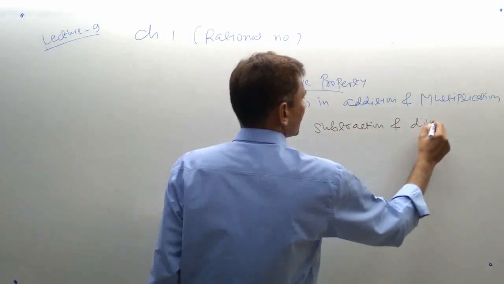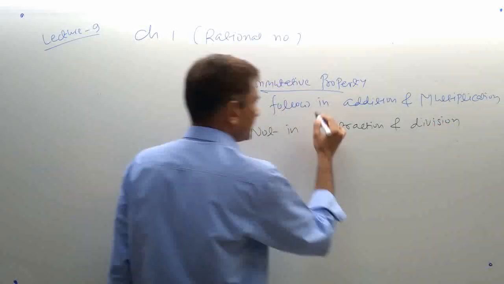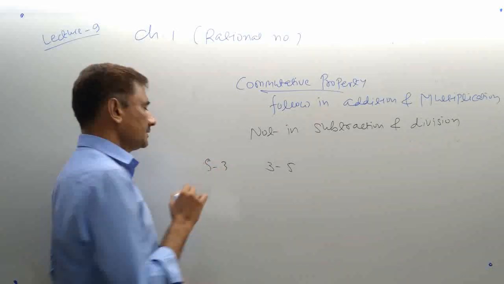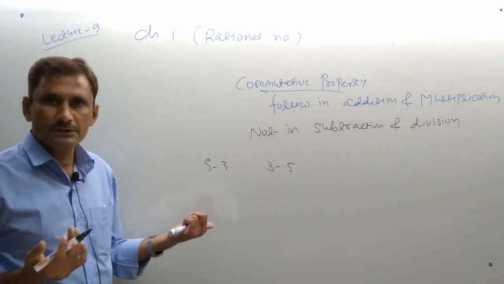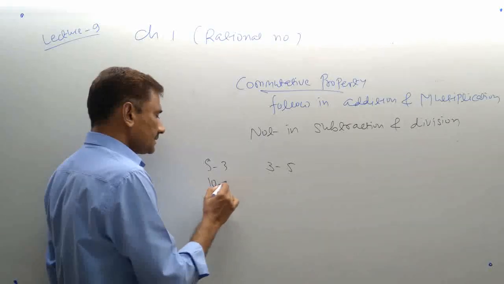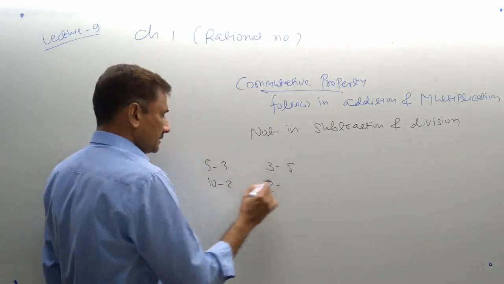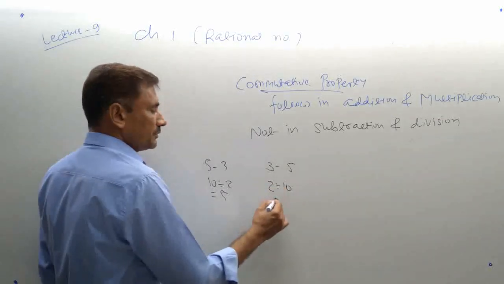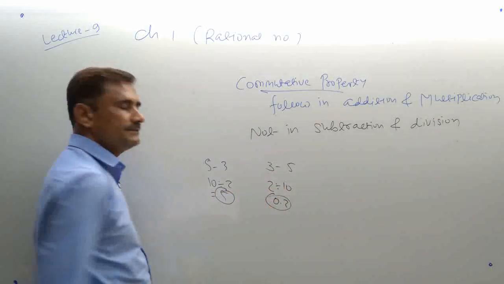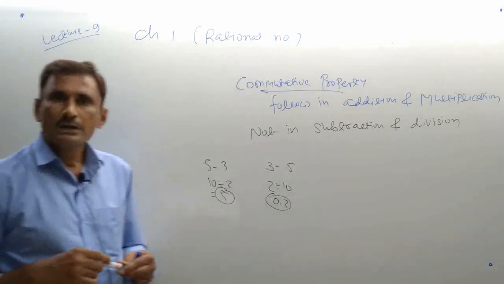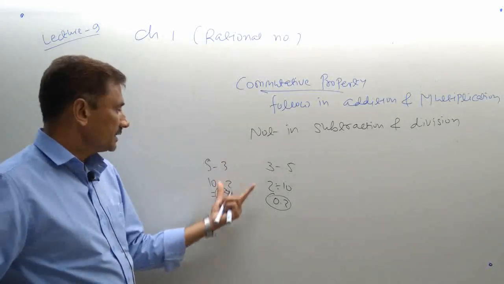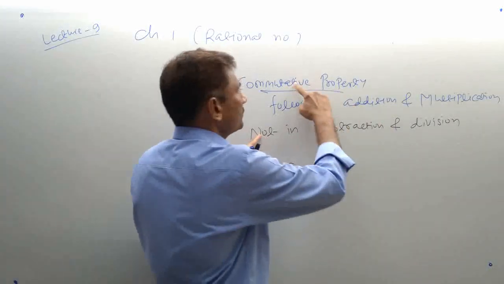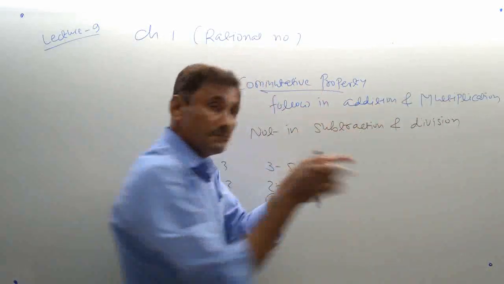Why? Suppose I take an example, 3 minus 5 and 5 minus 3, they are not equal. This is -2, this is 2, they are different. Division also, 10 divided by 2 is 5, 2 divided by 10 is 0.2. So the answers are different. So sequence is important in subtraction and division both, so they do not follow commutative property; only addition and multiplication do.